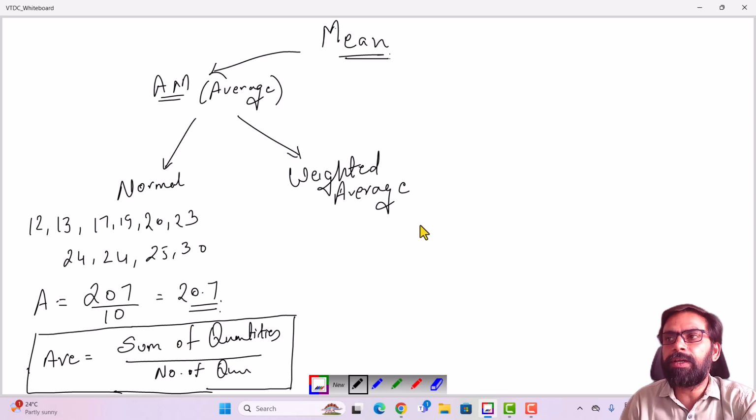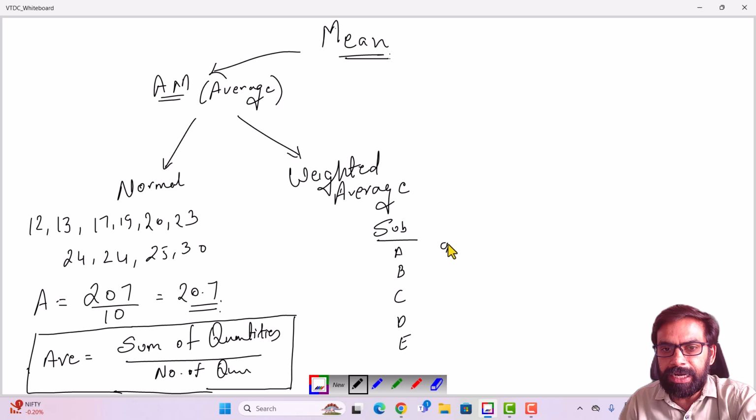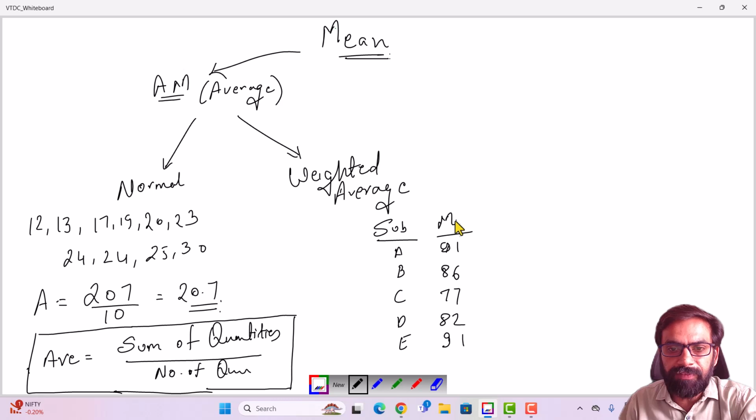Weighted average, however, comes in when, let's say, I talk about a few subjects over here. Let's say the subjects are A, B, C, D, and E, and the marks scored by me in these 5 subjects are 91, 86, 77, 82, and 91. If I had to calculate the average over here, it would be very simple: adding them up and dividing by 5 will give me the average marks.